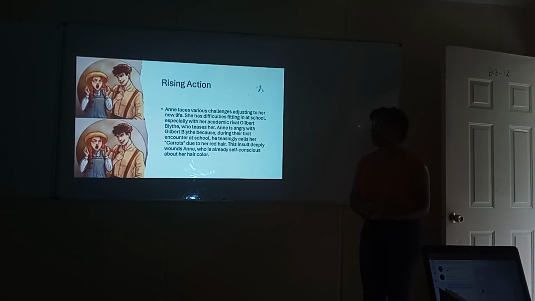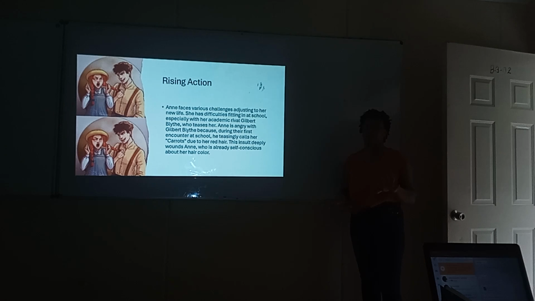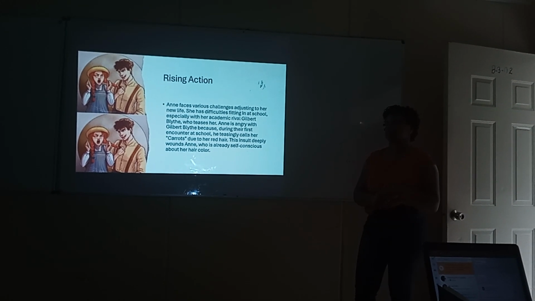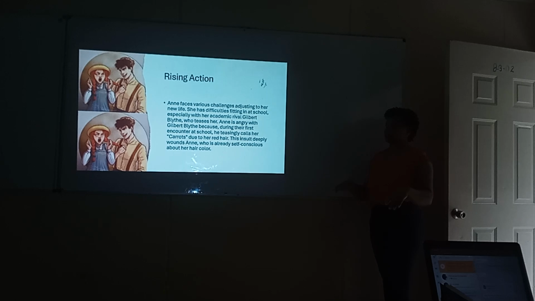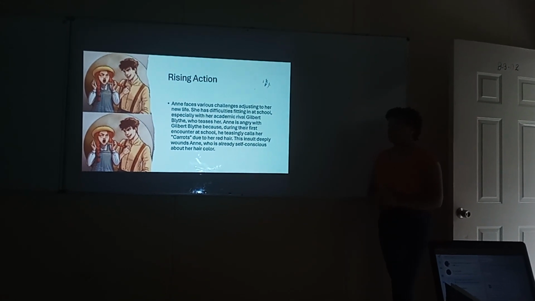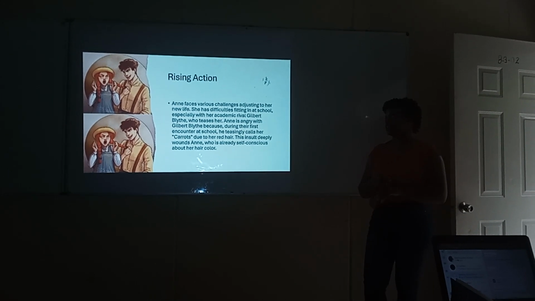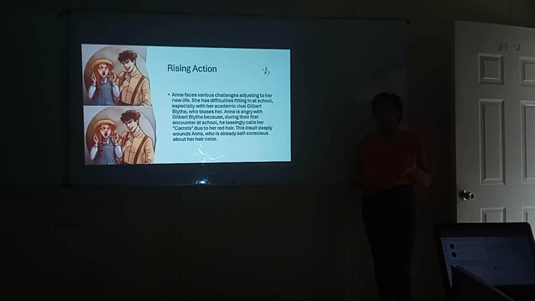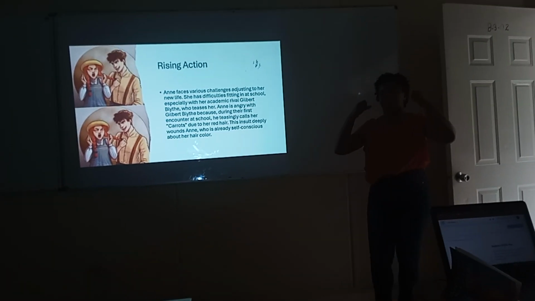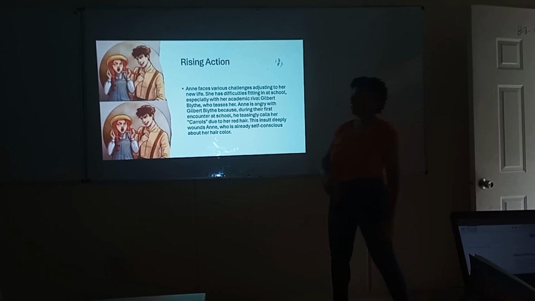The rising action is when Anne faces many challenges, because this was only the beginning. She has difficulties fitting in at school, especially because Gilbert Blythe teases her. She is really angry one day because, in the first encounter they had at school, Gilbert Blythe pulled her braids and called her carrots.